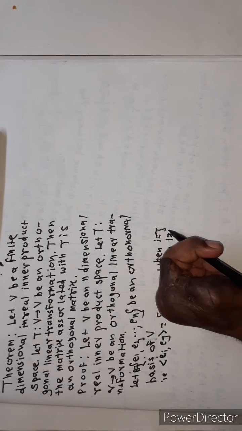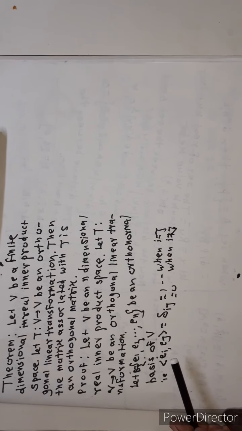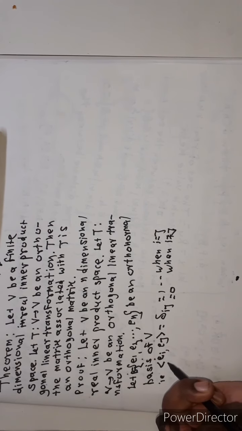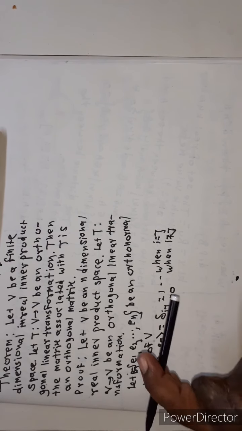Here B is E1, E2, ..., En, an orthonormal basis of V. That is, angle bracket Ei comma Ei is equal to 1 for all i from 1 to n, and angle bracket Ei comma Ej when i is not equal to j is equal to 0.